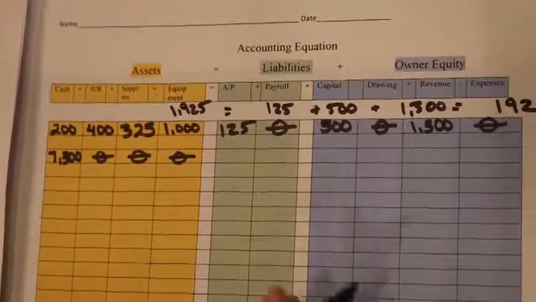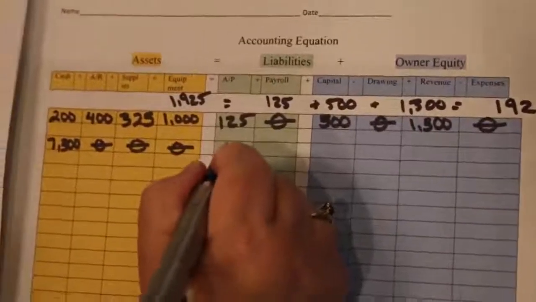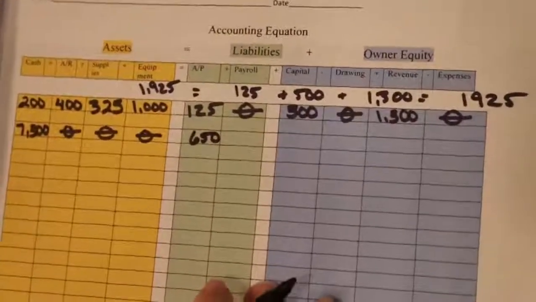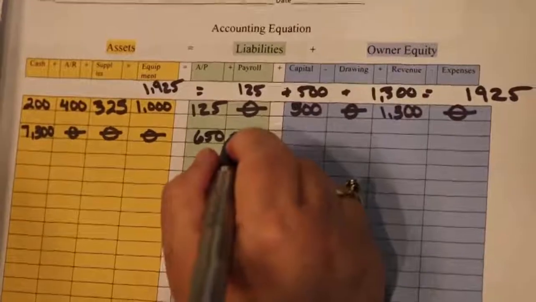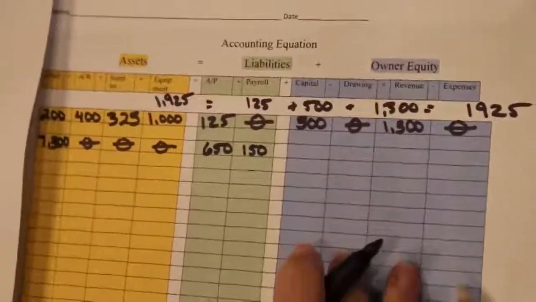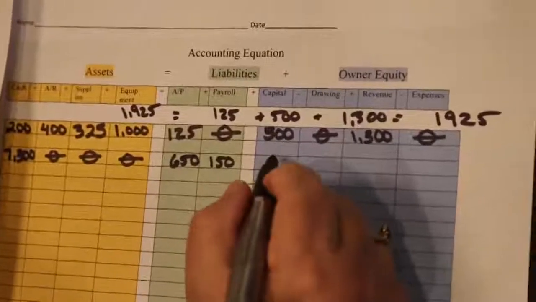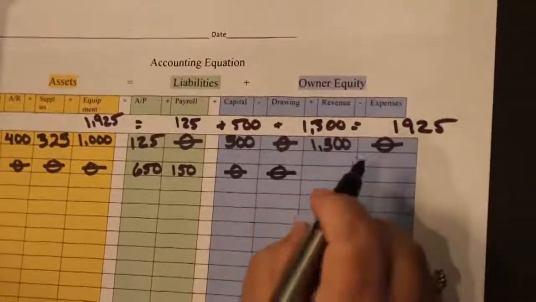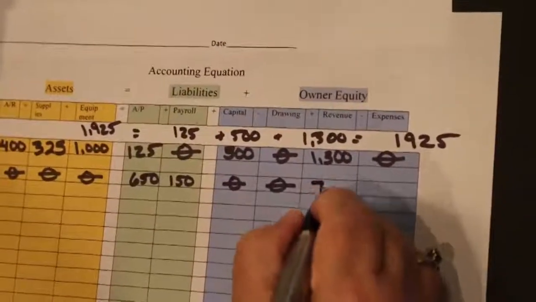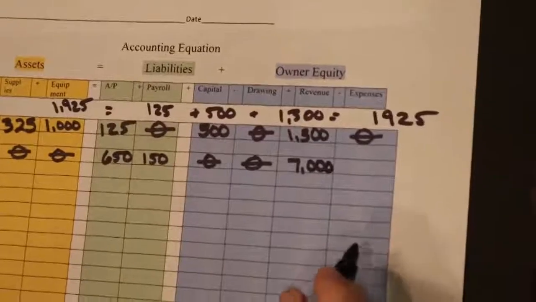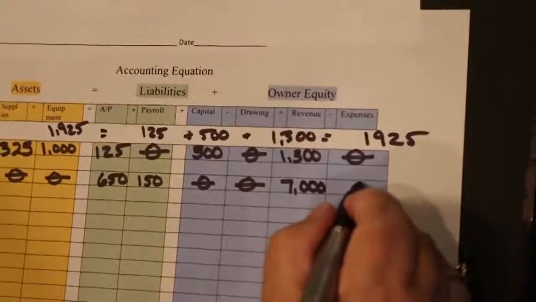Under my accounts payable, I have 650. Under payroll, I have 150. Now, under capital, 0. Drawing, 0. Revenue, 7,000. And then under expenses, 500.